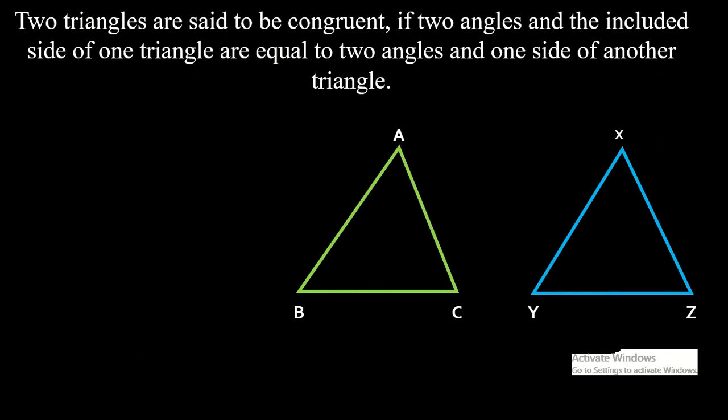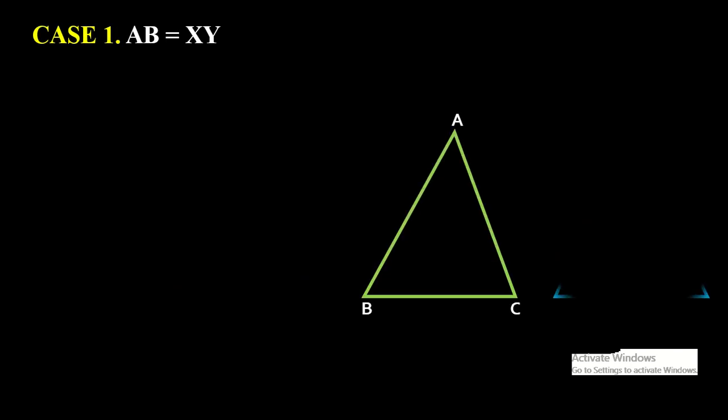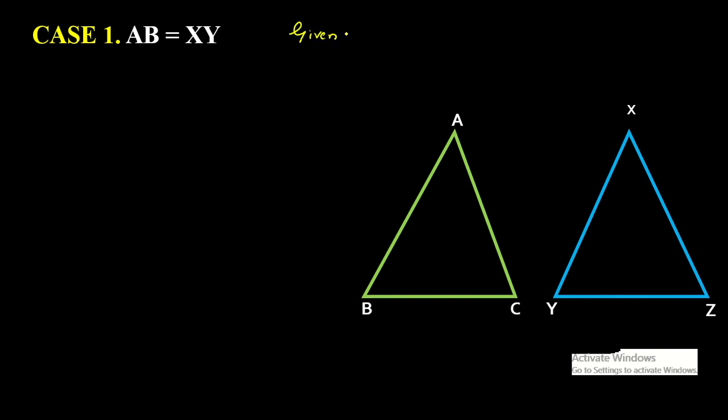Let's take the first case, AB is equal to XY. Our given things are that angle B is equal to angle Y, BC is equal to YZ, and angle C is equal to angle Z. Now let's try to prove it here.